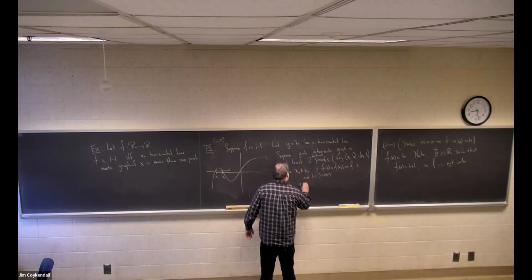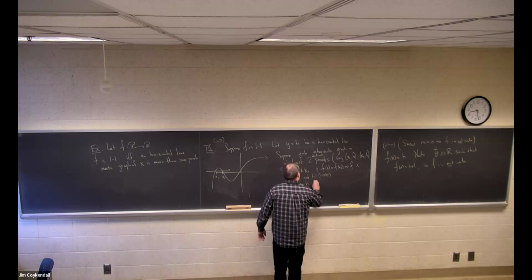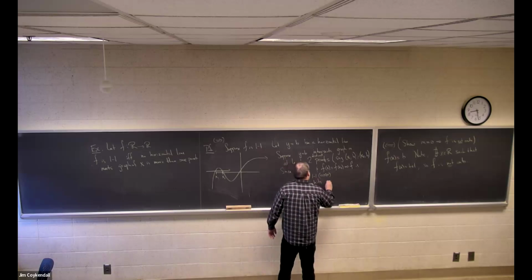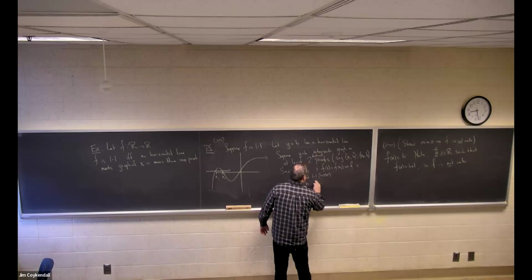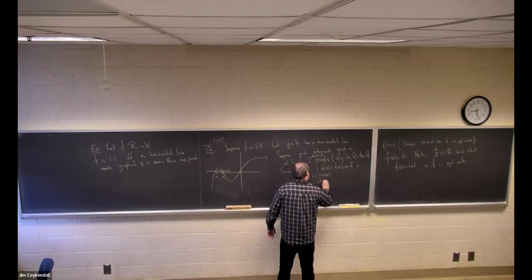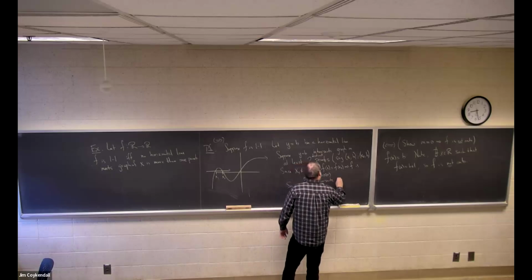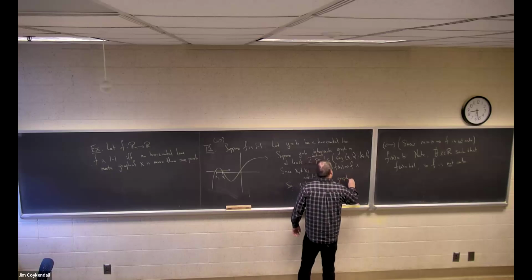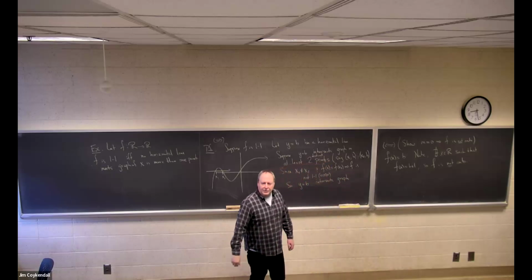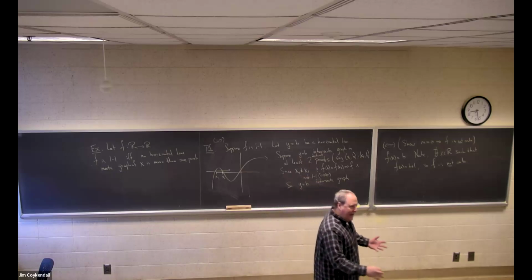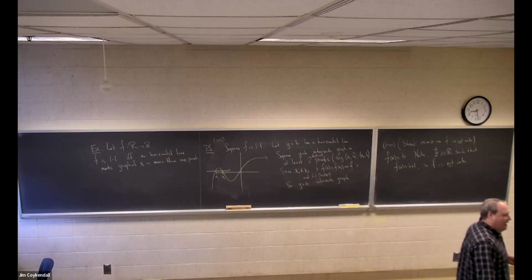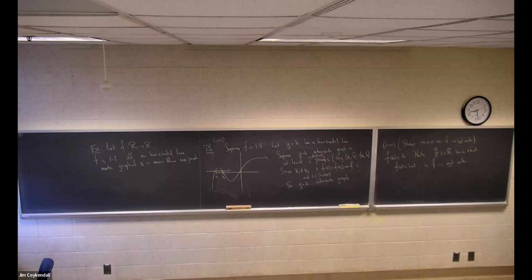So y equals b intersects the graph of this function in, if it can't intersect it in two points, what can you conclude?